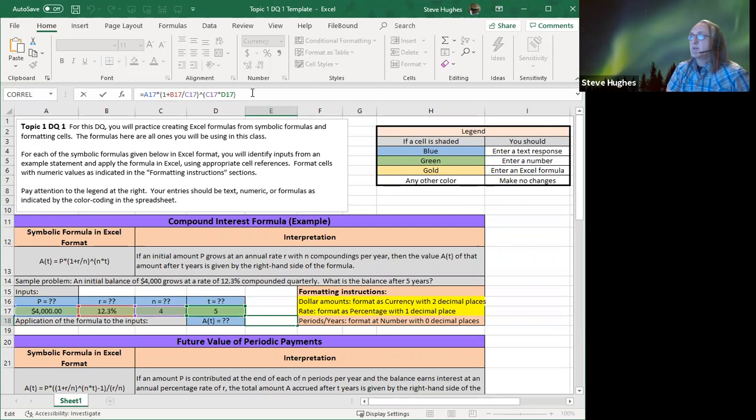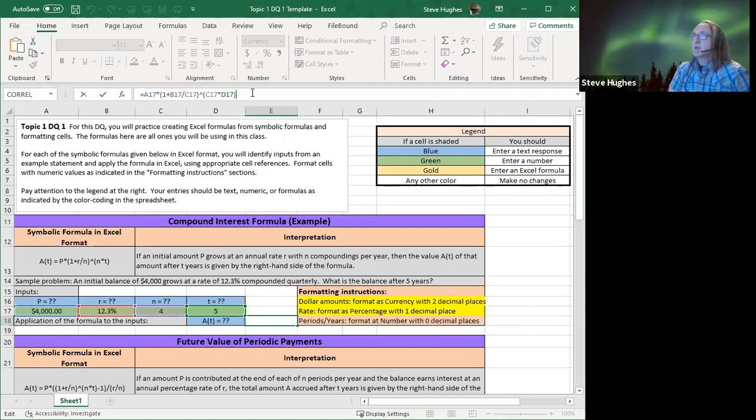Instead of P, I'm typing in A17 times, on my keyboard that's Shift 8, open parentheses, 1 plus R, but in place of R, I'm typing B17. You can see it highlighted in red, /N, but in place of N, I'm typing C17 because that's where the value of N is.